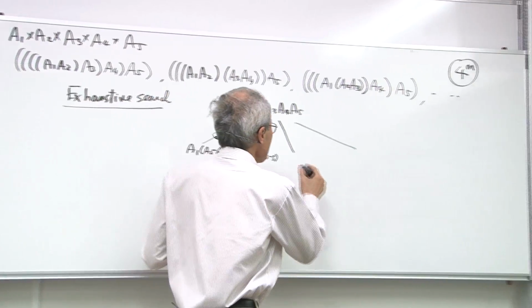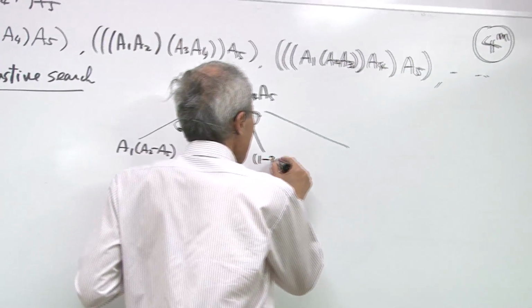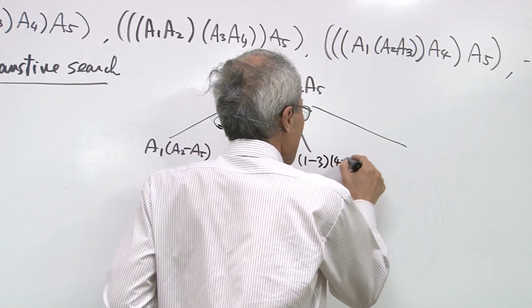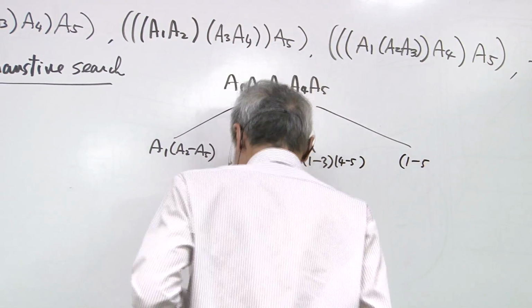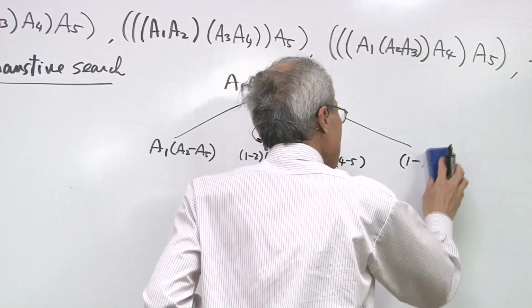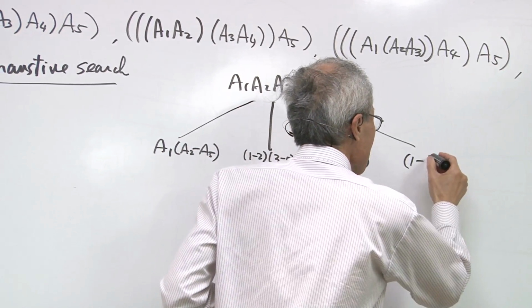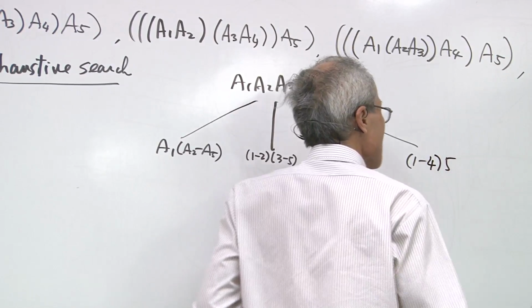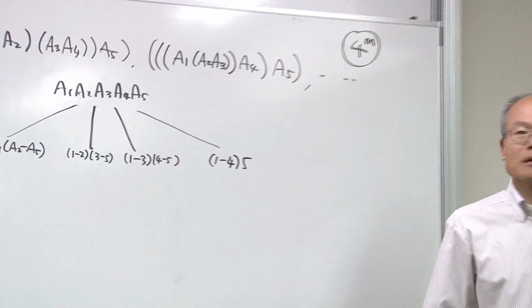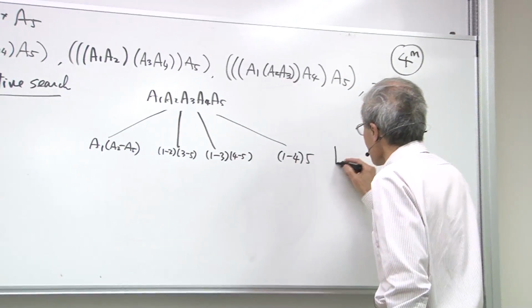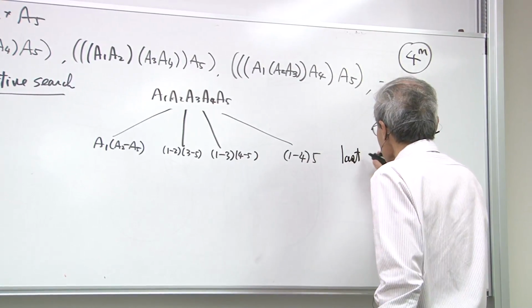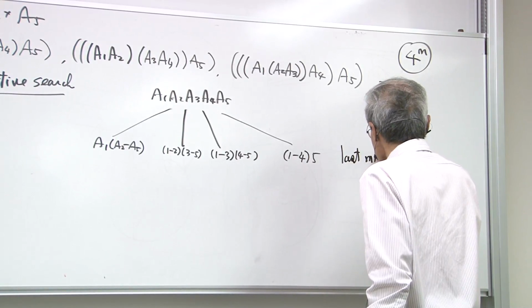The third possibility is, of course, the next split. So these are 4 different possibilities for the last multiplication, the final multiplication.